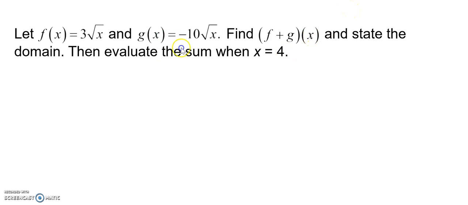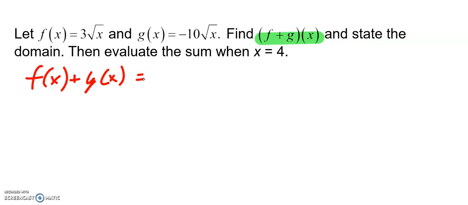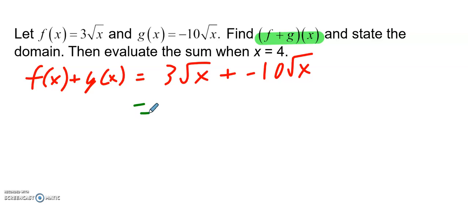So f plus g of x, remember, this is just saying find f of x plus g of x, and so that is going to be 3 root x plus negative 10 root x, sorry, forgot to write the 10, and we know from before 3 minus 10 is negative 7 root x.